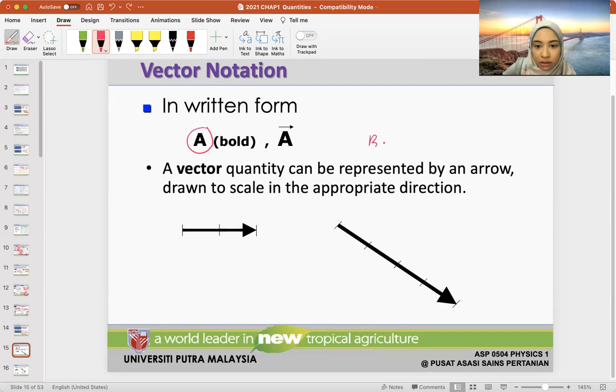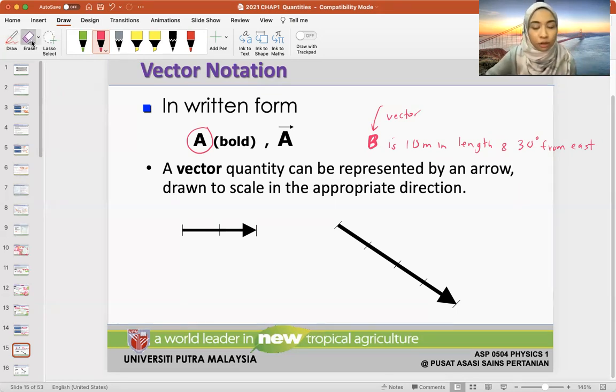Vector B is 10 meter in length and 30 degrees from east. Okay, so this is B. And then I make it bold, okay, from the rest of the sentence. So immediately I know when in the textbook, if they bold this is a vector. So the way I would read this is vector B is 10 meter in length and 30 degrees from east.